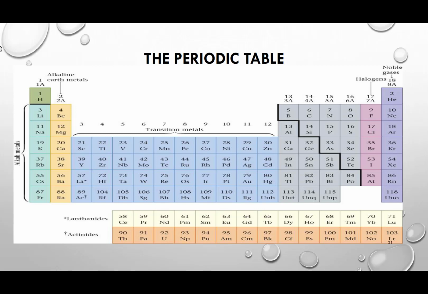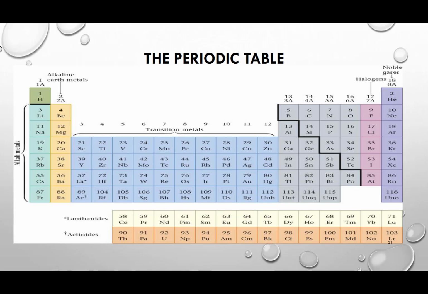If you look here in this particular picture of the periodic table, on the left hand side, hydrogen's atomic number is 1. On the right hand side, helium is 2. Then go back to lithium 3, beryllium 4, boron 5, carbon 6, nitrogen 7, oxygen 8, fluorine 9, neon 10, sodium 11, magnesium 12, aluminum 13.